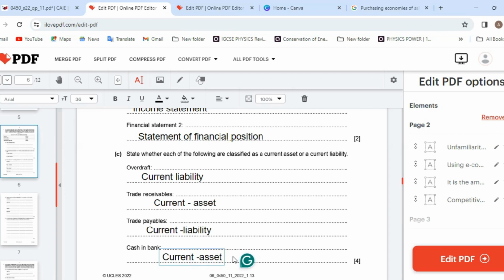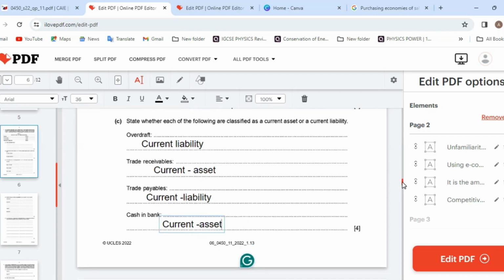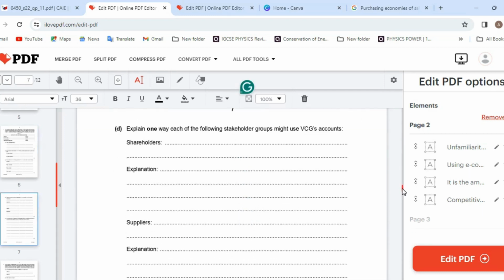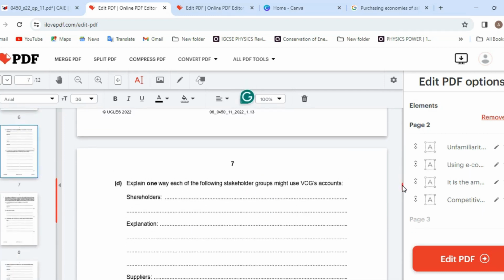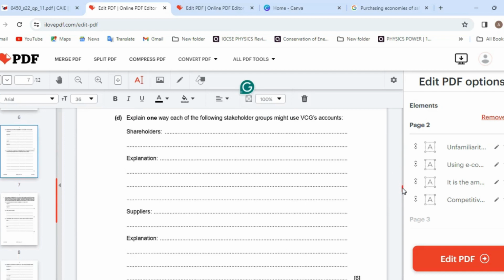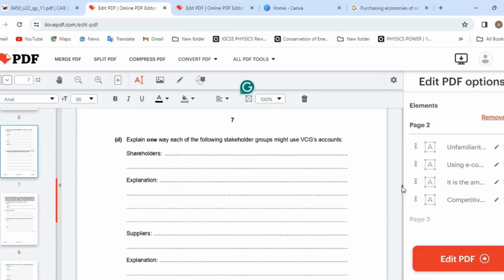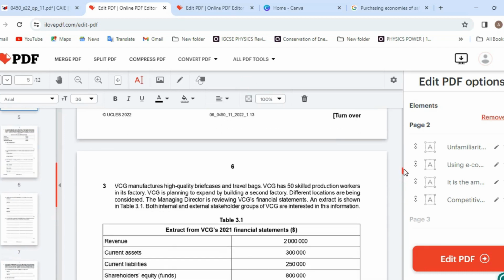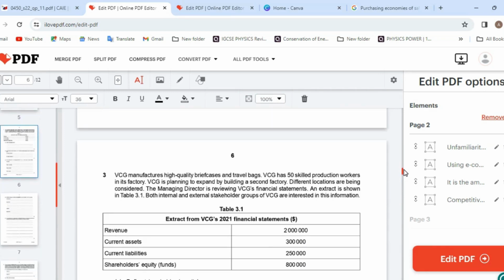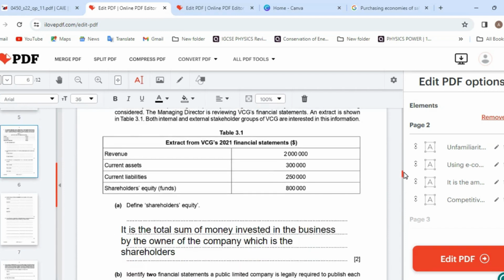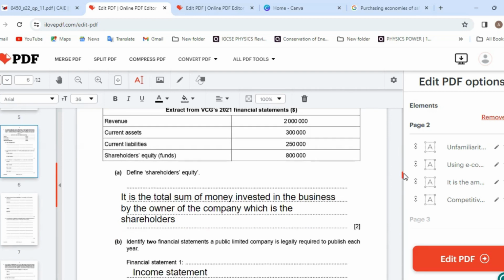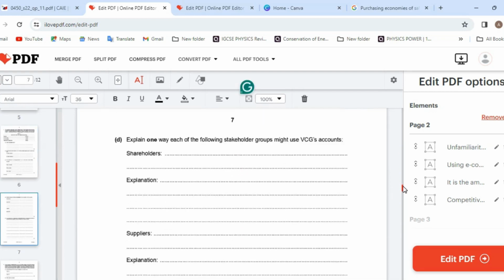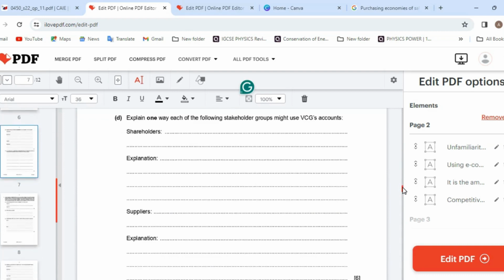Now let us move to another question that we have. Explain one way each of the following stakeholder groups might use VCG's accounts. We were told in the appendix that both the internal and external stakeholder groups of VCG are interested in the information, that is the extract of 3.1. Now let's see the reason why they are interested in it.